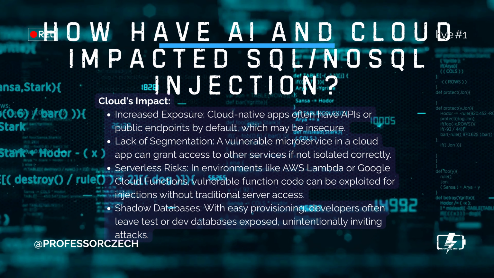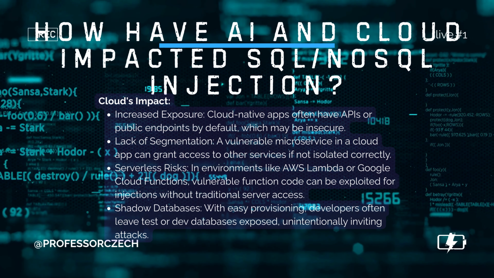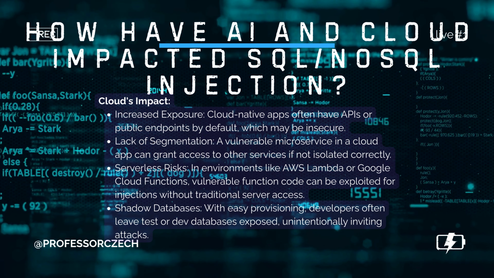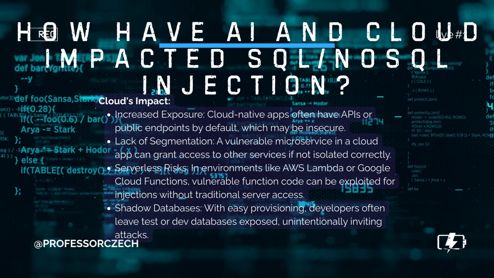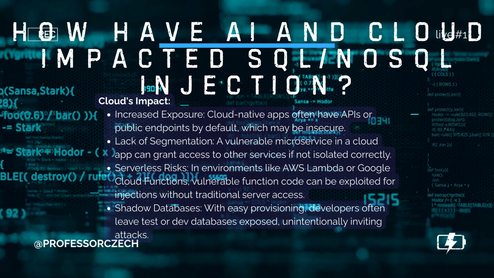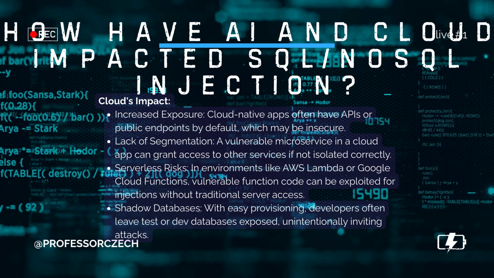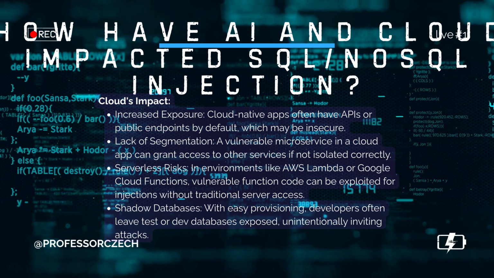And serverless risk, where in environments like AWS Lambda or Google Cloud Functions, vulnerable function code can be exploited for injections without traditional server access. And you have shadow databases. With easy provisioning, developers often leave test or development databases exposed unintentionally, which invites attacks.